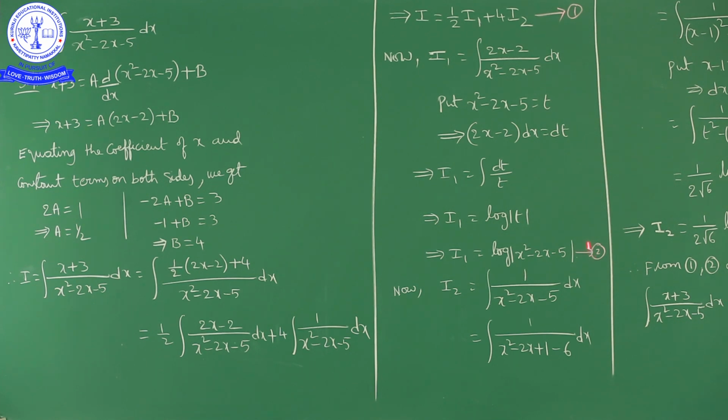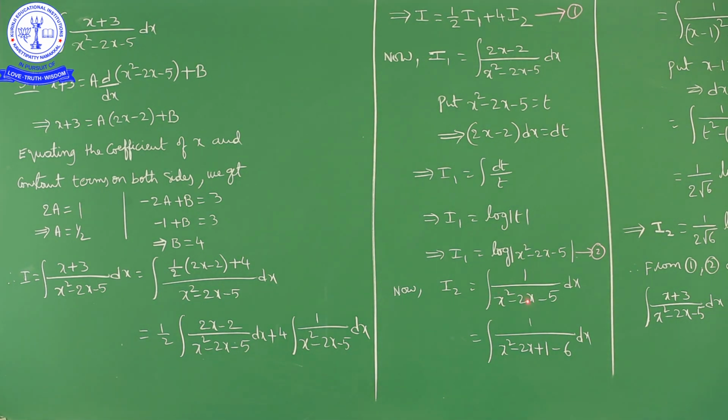Now calculate I2. What is I2? I2 is integral 1 upon x square minus 2x minus 5 dx. Whenever you have a constant in the numerator and a quadratic in the denominator, try to write the denominator as a sum of squares or a difference of squares.